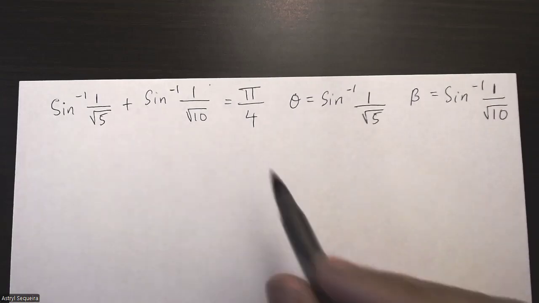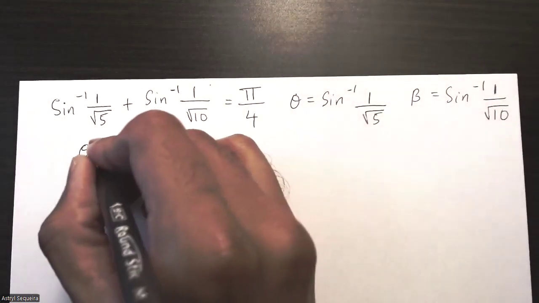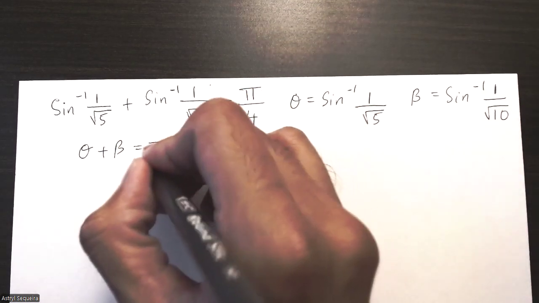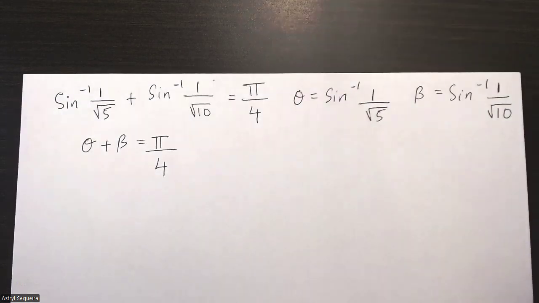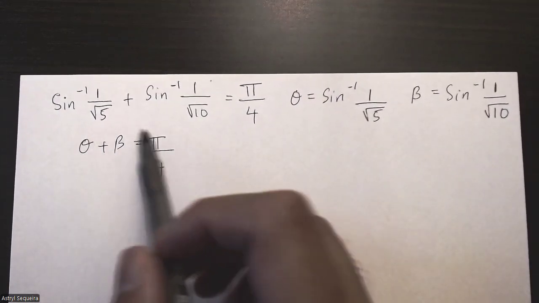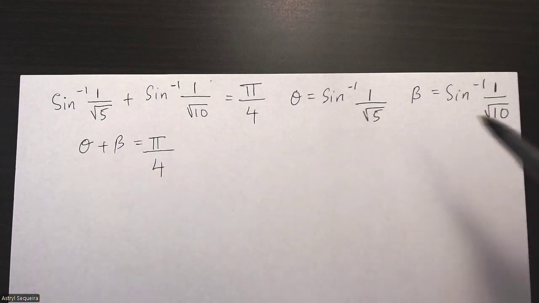So now I can just rewrite this formula as theta plus beta equals pi over 4. So now I basically just have to prove this right over here.